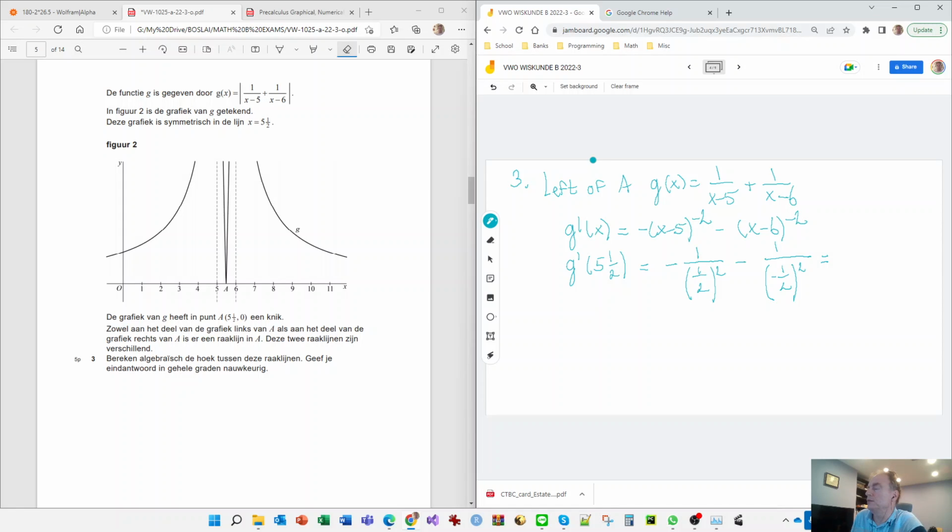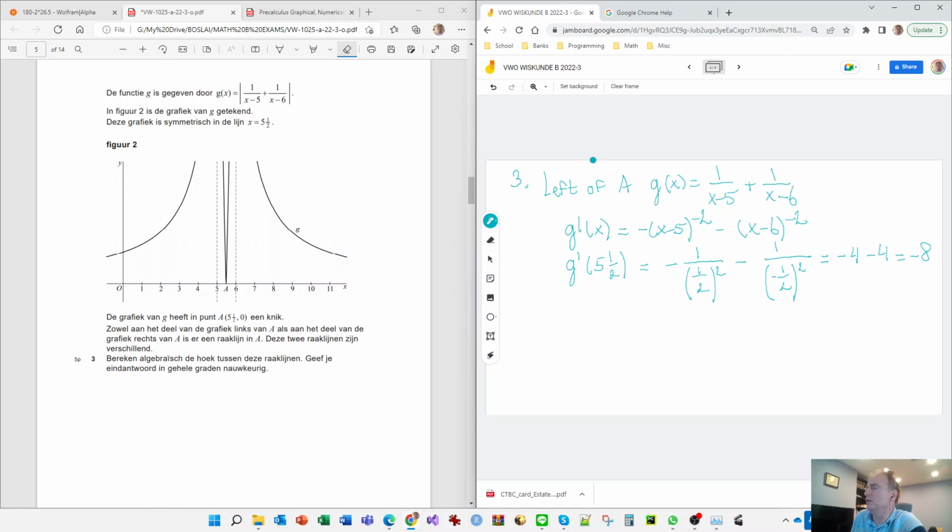So that is minus 4 minus 4. You can just multiply by the inverse of this, 1 over 1/4, and minus 4 minus 4 is minus 8.